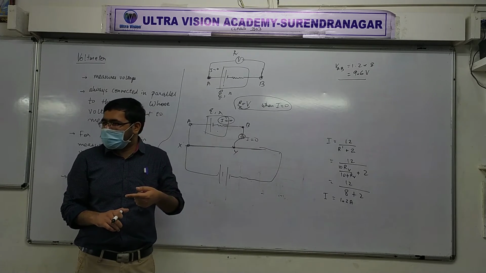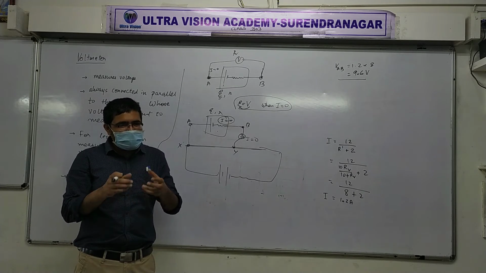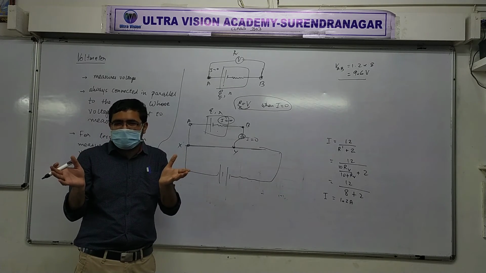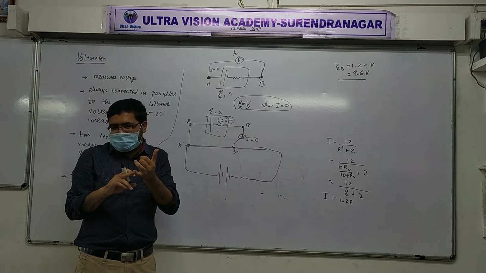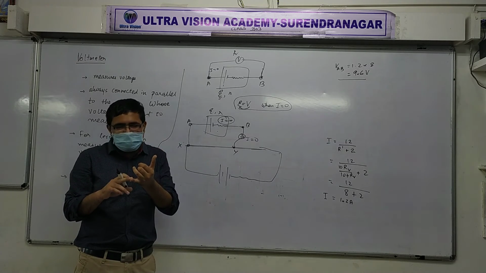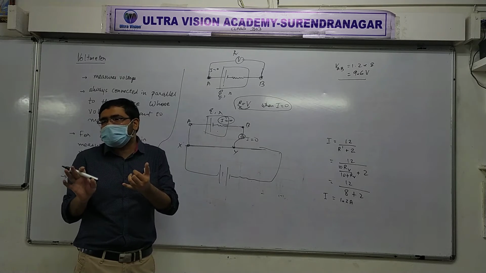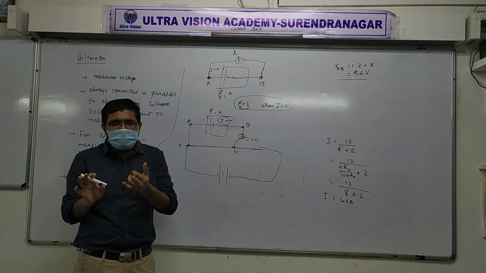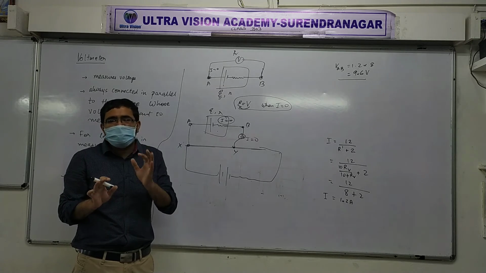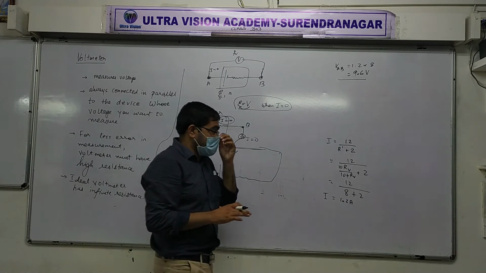Is that okay or not okay? You see, these are two contradicting approaches. Either it is EMF or there is current; both cannot be. Voltmeter doesn't work without current. That means it cannot measure EMF. Make sense? So which device can measure EMF of a cell?